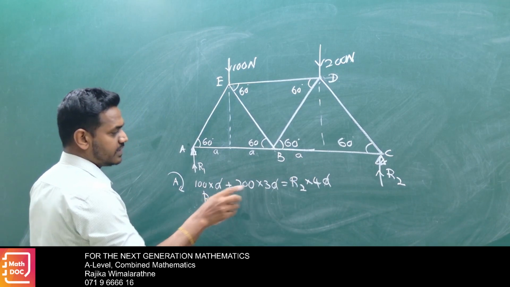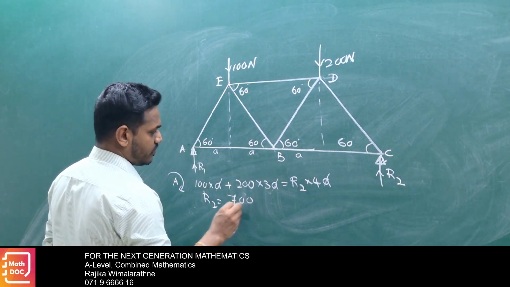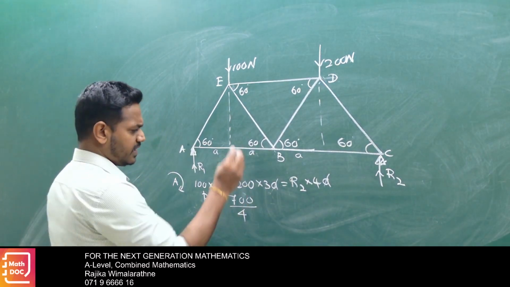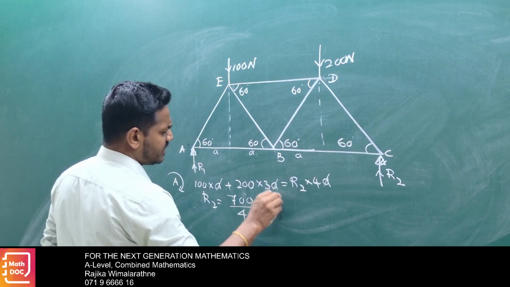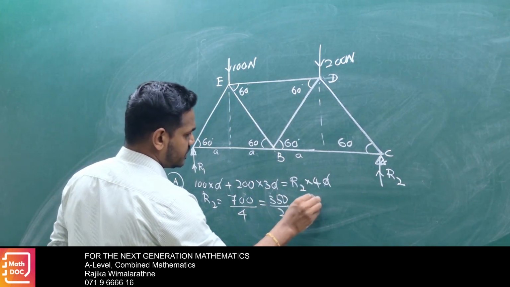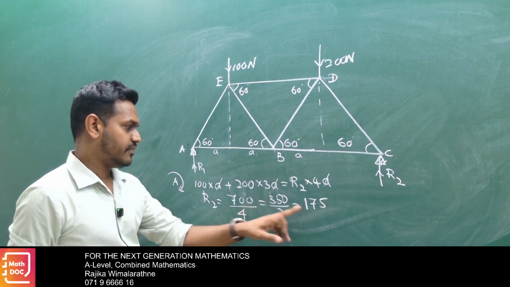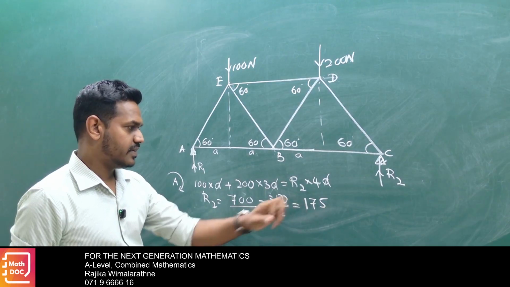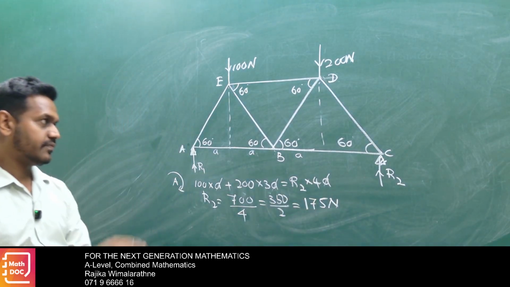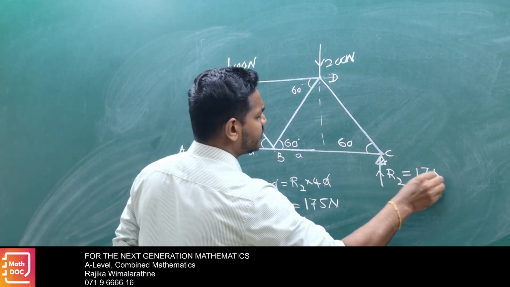Then R2 equals 700 over 4. Here we can simplify now. 350 over 2, 175. No? 175 Newtons. That is R2.